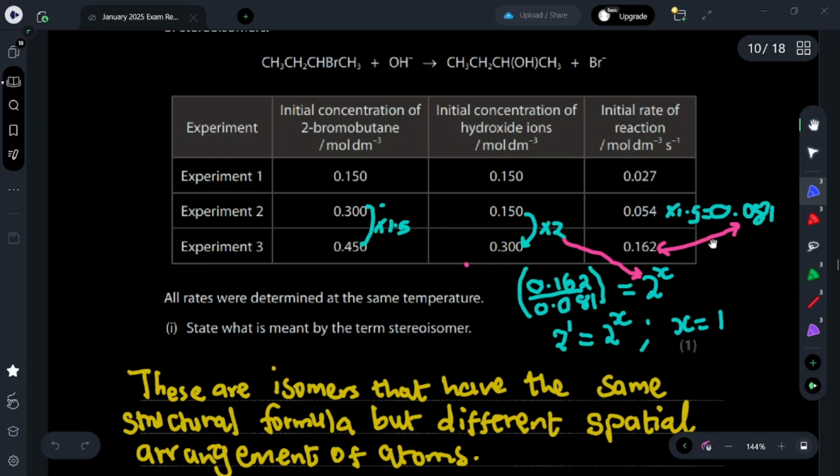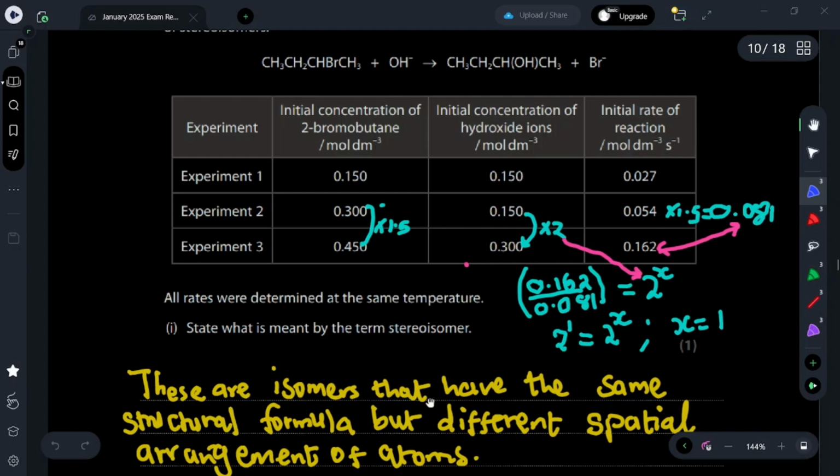Wow. What does that mean? If I take the rate observed here, after accounting for the factor of 1.5, I get 2. And the concentration of hydroxide ion has been multiplied by 2. So 2 to the power x equals 2 to the power 1, x equals 1. First order with respect to hydroxide ions.